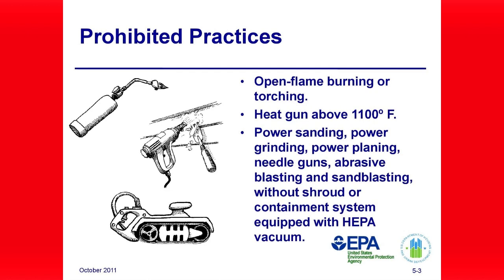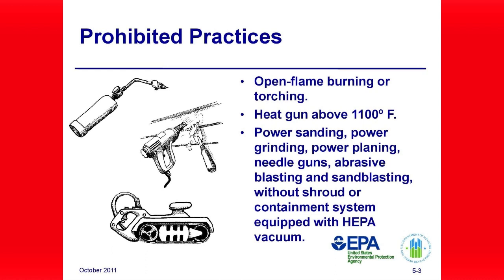Number 3, the use of machines designed to remove paint or other surface coatings through high-speed operation, such as sanding, grinding, power planing, needle gun, abrasive blasting, or sandblasting, unless such machines have shrouds or containment systems and are equipped with a HEPA vacuum attachment to collect dust and debris at the point of generation. Machines must be operated so that no visible dust release of air occurs outside the shroud or containment system.